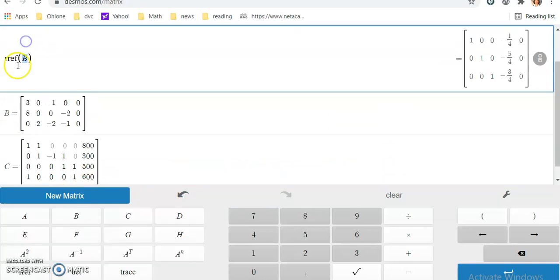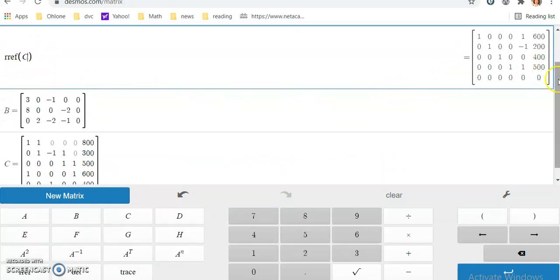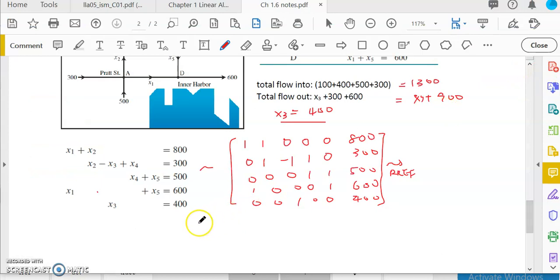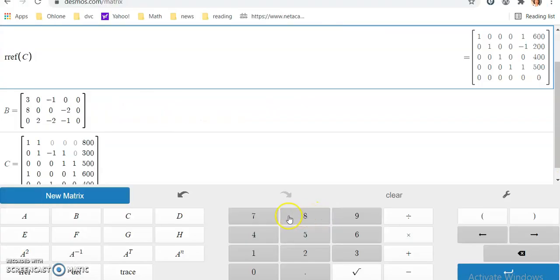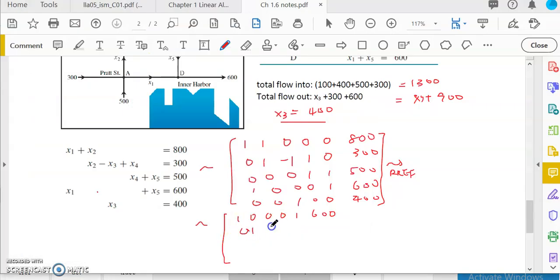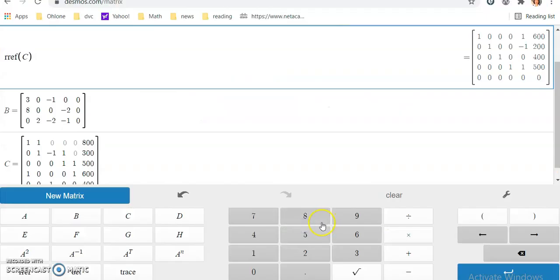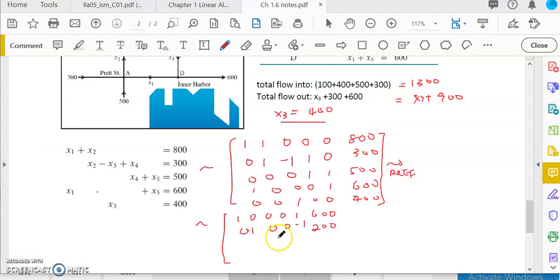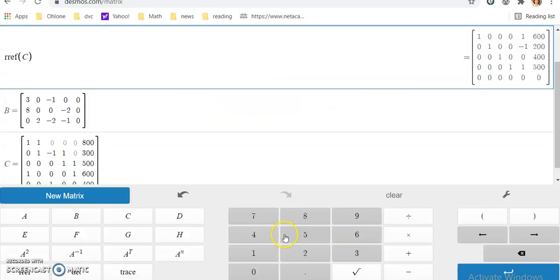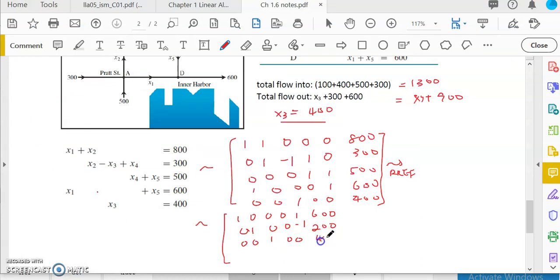And then I do a reduced row echelon form of the matrix, and you can see that there's a free variable. The first row is 1, 0, 0, 0, 1, 600. Then 0, 1, 0, 0, negative 1, 200. Then 0, 0, 1, 0, 0, 400. The next is 0, 0, 0, 1, 1, 500.